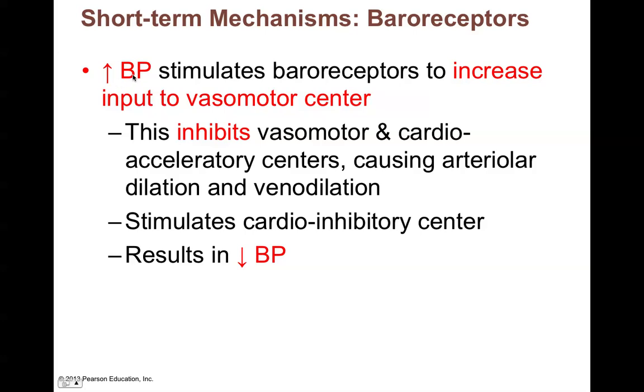If there's an increased blood pressure, this will stimulate baroreceptors to increase input to the vasomotor center to inhibit the vasomotor and cardioacceleratory centers, and this is going to then cause arteriolar dilation and venodilation. It will also stimulate the cardioinhibitory center, the result being a decrease in blood pressure to bring it back down to normal.